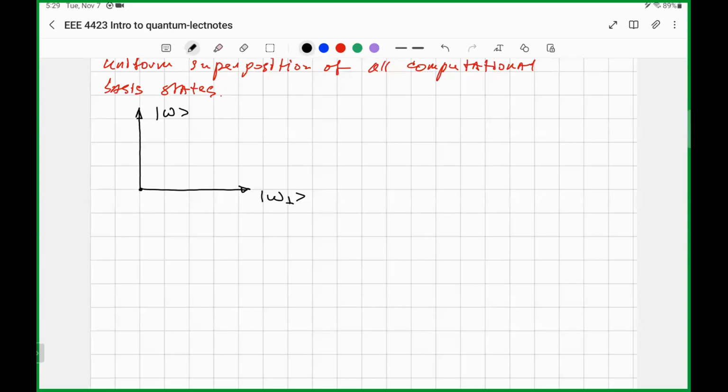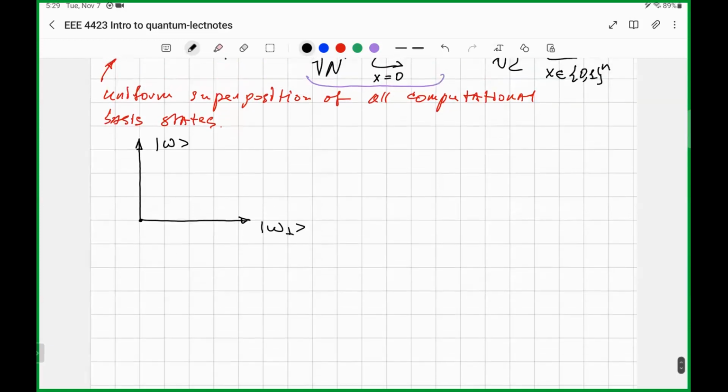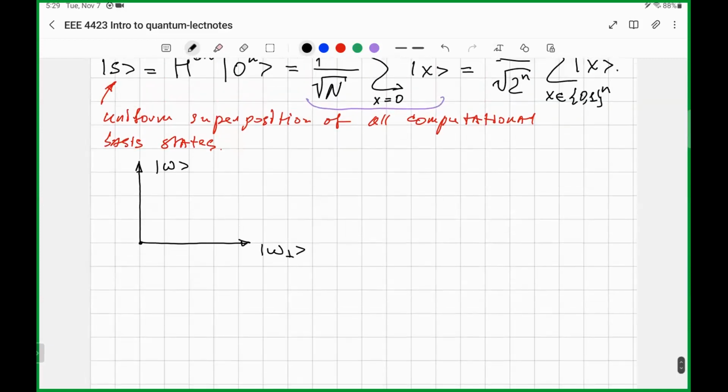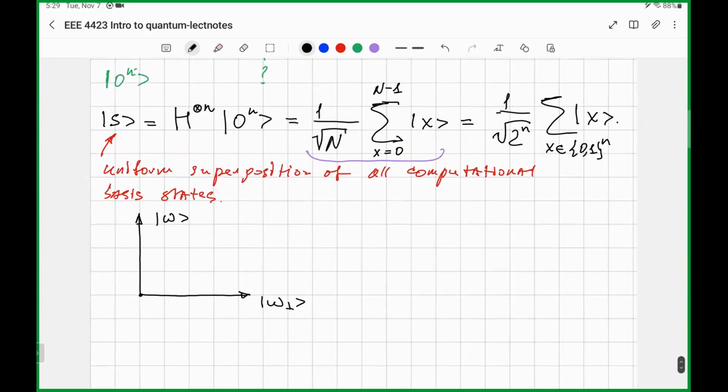Our algorithm starts from the creation of the uniform superposition of states S. So basically this state S here.